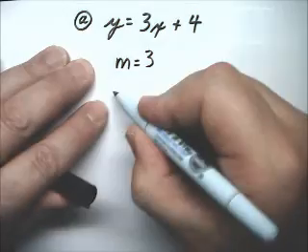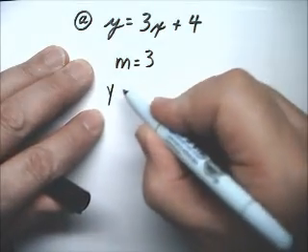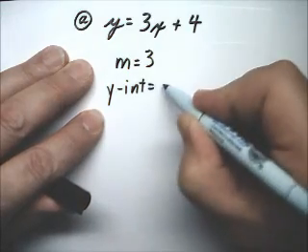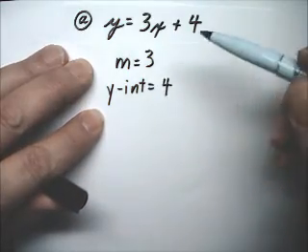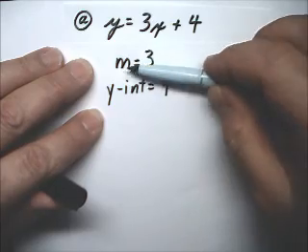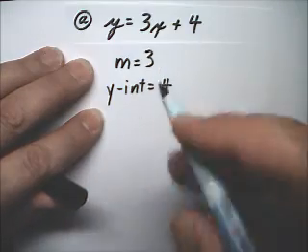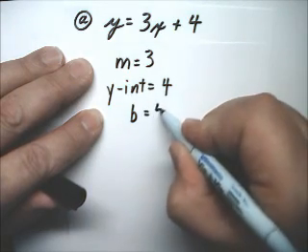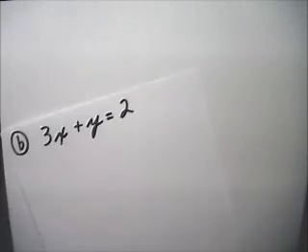And we have to also identify the y-intercept, and that equals 4. And you're already familiar that the slope is usually called m, the y-intercept is usually called b. b equals 4.